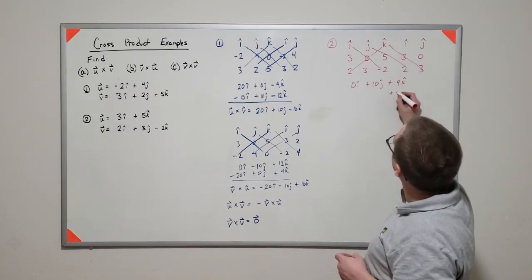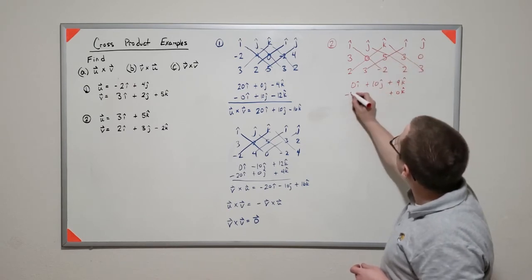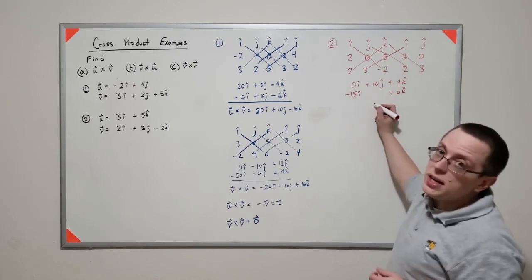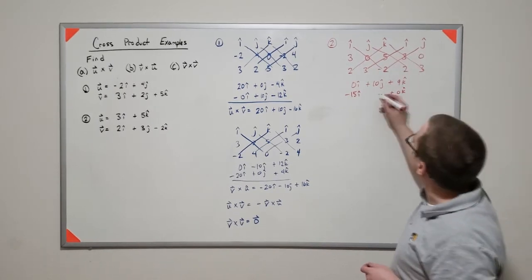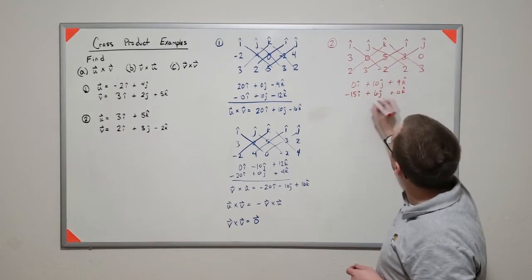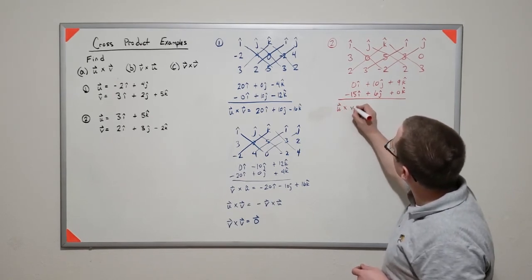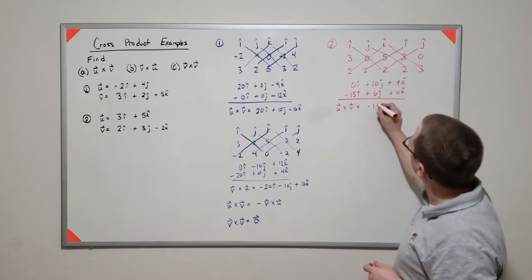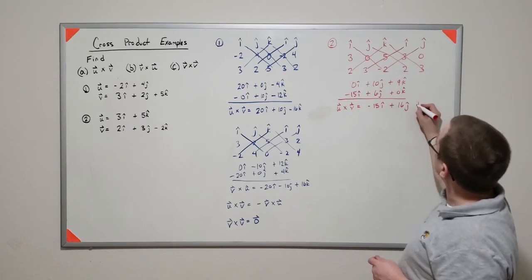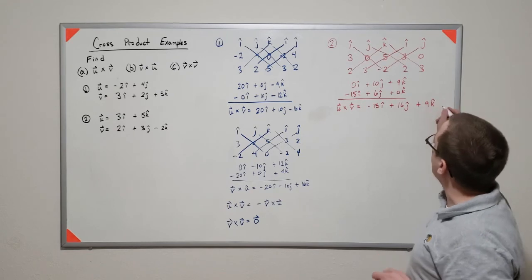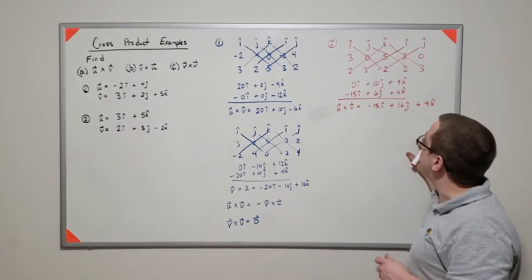Well, that's another 0k minus 15i minus negative 6, so plus 6. So we have negative 15i plus 16j plus 9k.